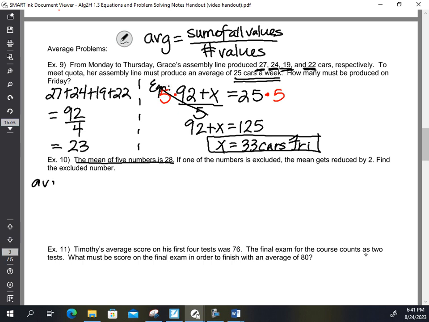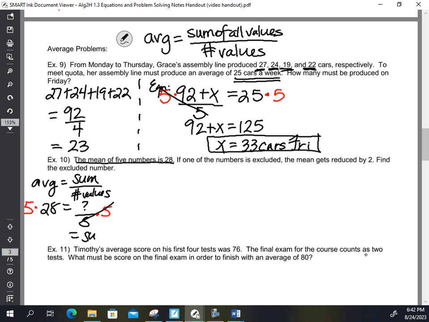Since average is equal to the sum divided by the number of values, that gives you 28 equals some number divided by 5. We can easily figure that out. Multiply both sides by 5.